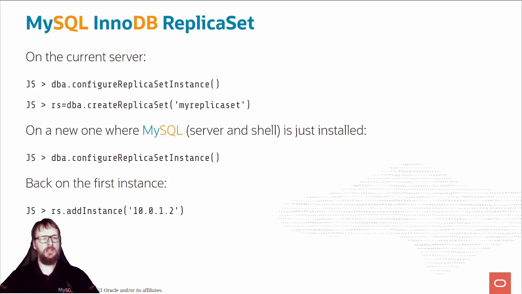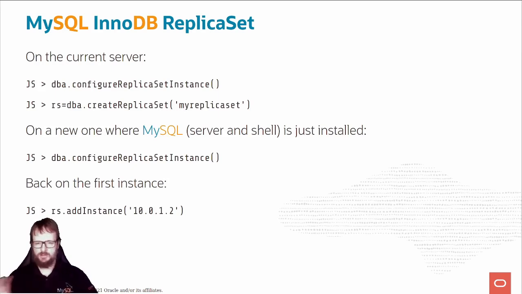When you have done the configuration, you do dba.createReplicaSet, and you assign the output of this to a variable. I call it rs, but it's whatever name you want, and you give a name to your ReplicaSet, here it's my ReplicaSet.